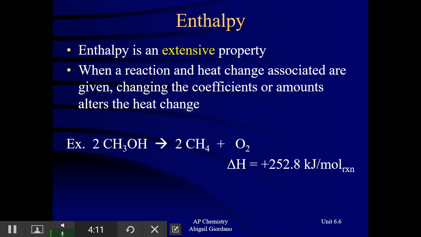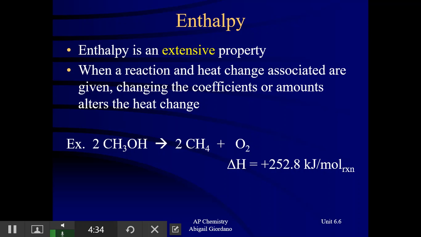Okay, remember, coefficients are just ratios of moles. So that reactant right there is a compound called methanol. If 2 moles of methanol decompose, I will have a delta H value of exactly 252.8.